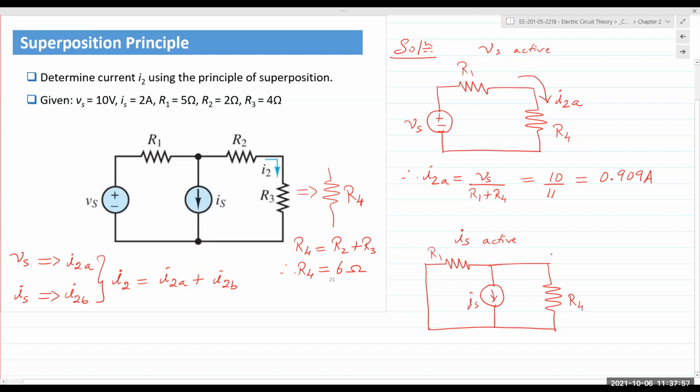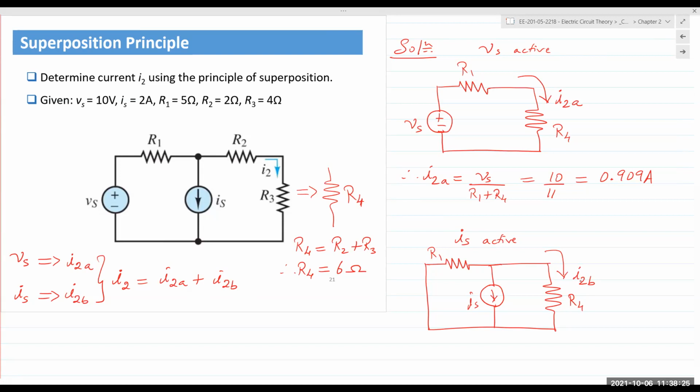What technique comes to mind? Current division. Absolutely. So when we redraw the circuit with only IS active, you have a current source, VS is a short. Thus, R1, which is already connected to R4 and the current source at the top end, is now also connected at the bottom end to the other two. And when the two nodes are the same, everything's in parallel.